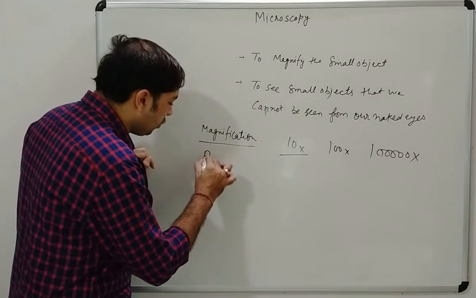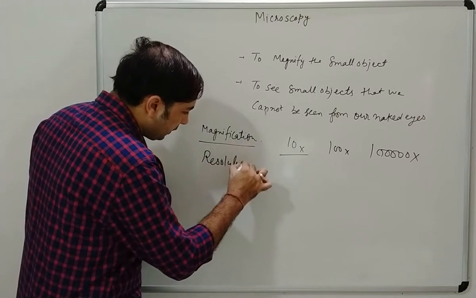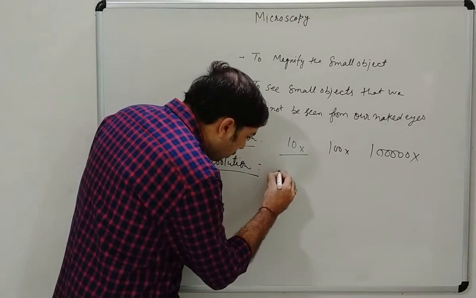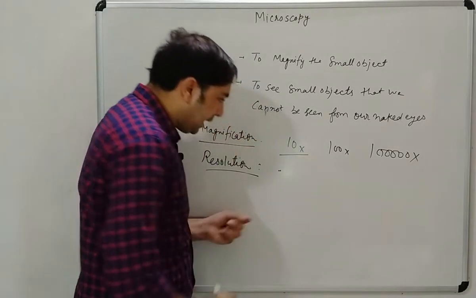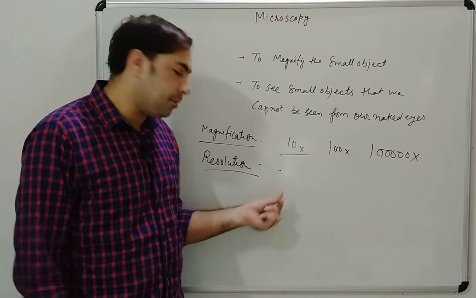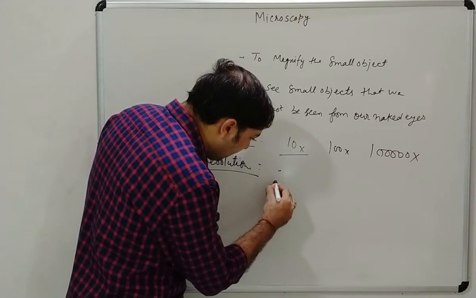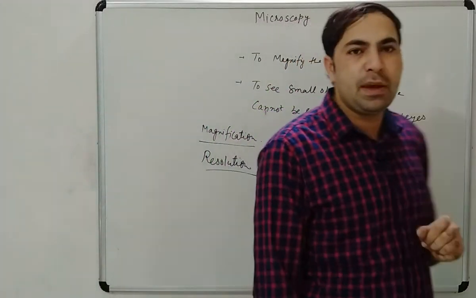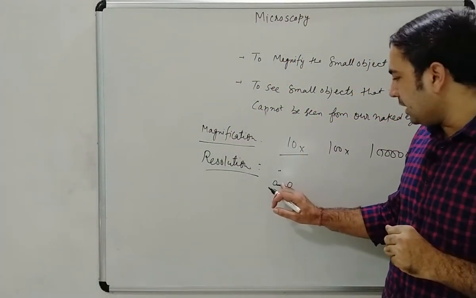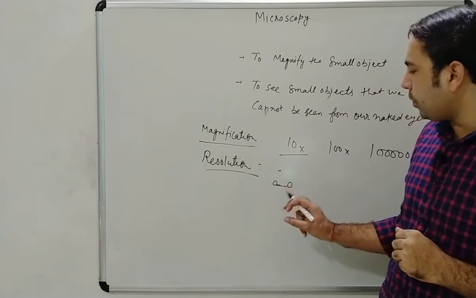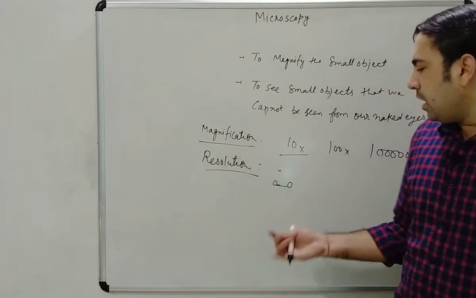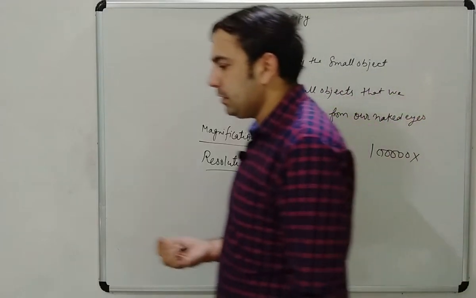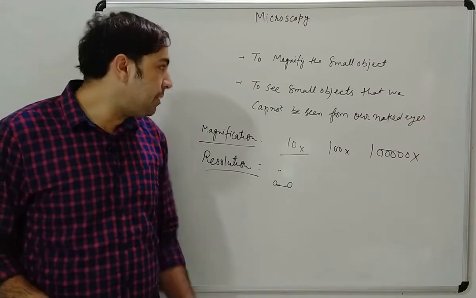Now the other one is resolution. Resolution means if two particles are there, the distance between them is measured by the resolution. Which microscope can measure the minimum distance, in which limit can the microscope measure the minimum distance between particles?